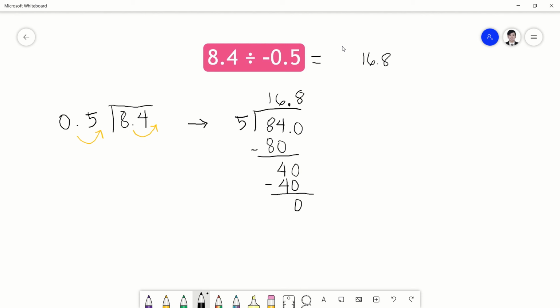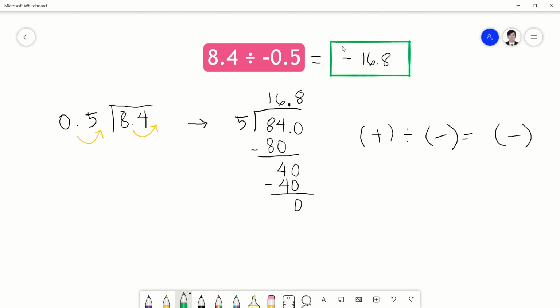We are dividing positive with negative. If they have different signs, the answer is negative. That means our final answer is negative 16.8.